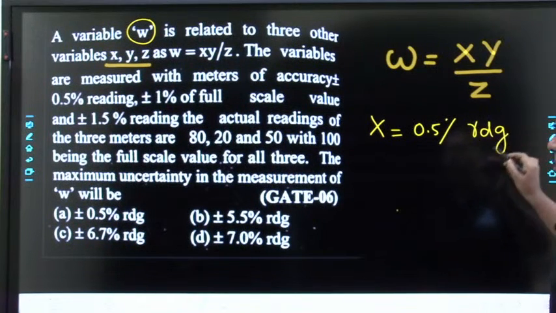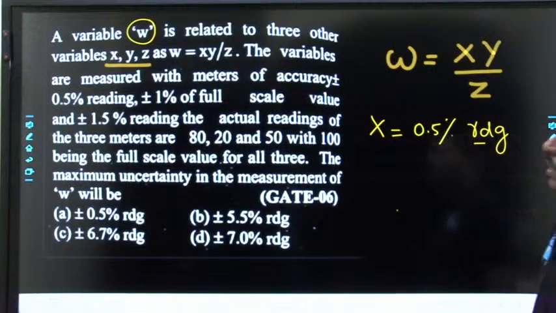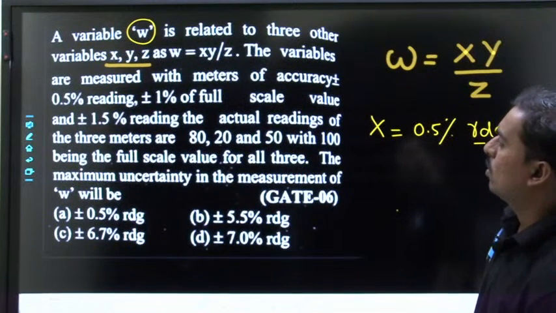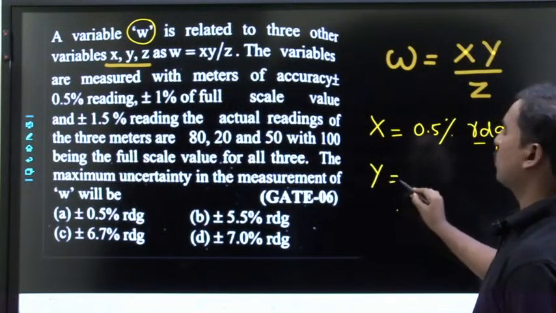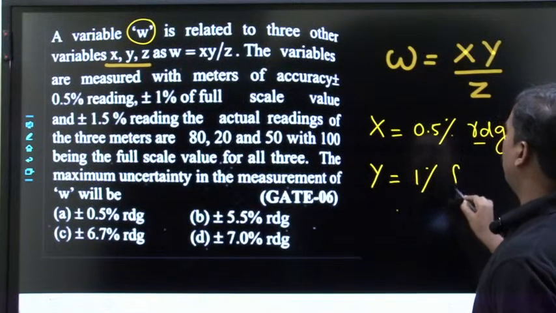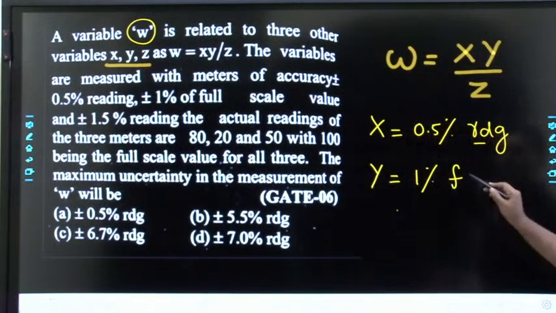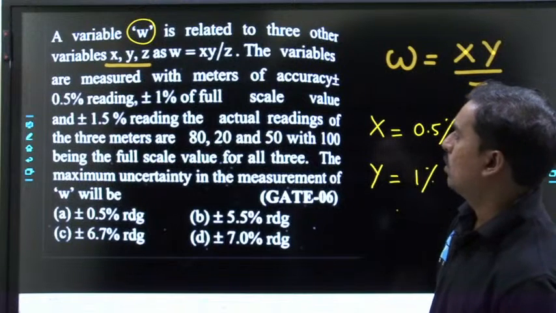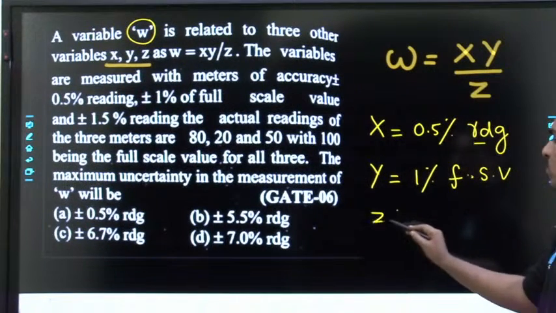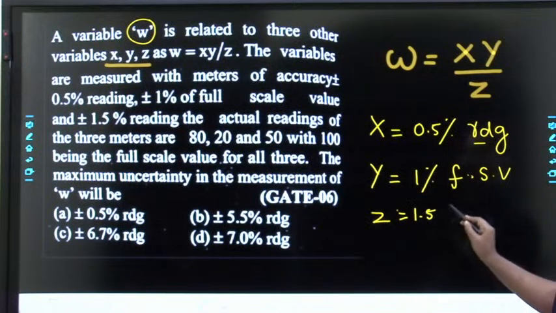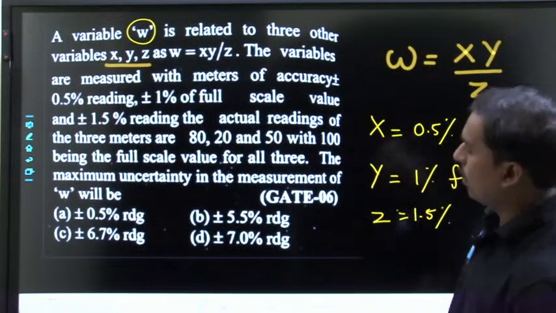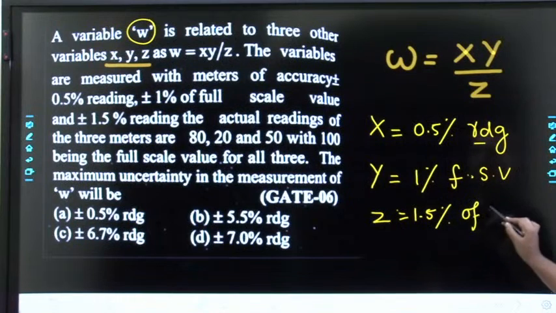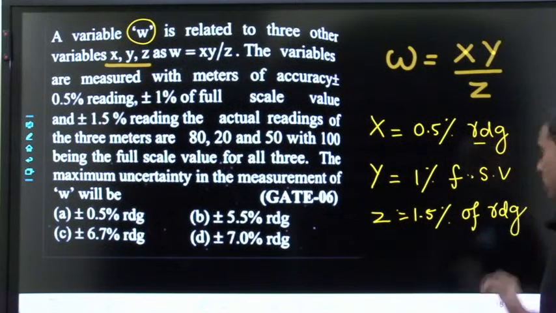I am writing in short, RDG means reading. Next. Y is 1% of full scale value. Next. Z is 1.5% of reading. So this is the point you have to understand, dear students.